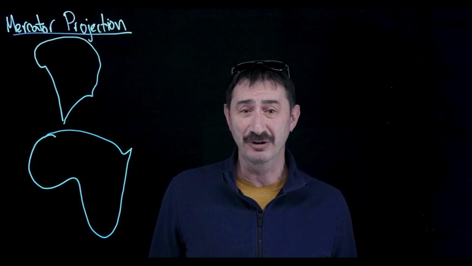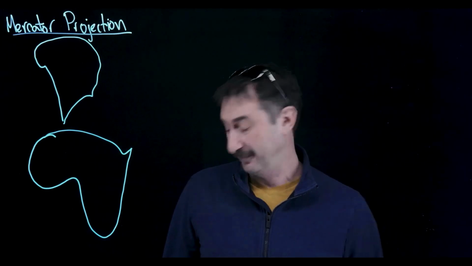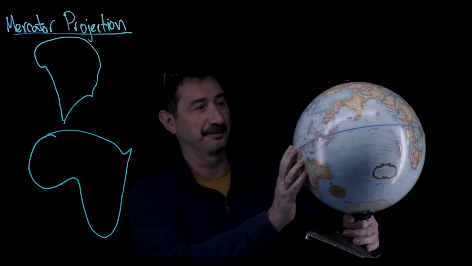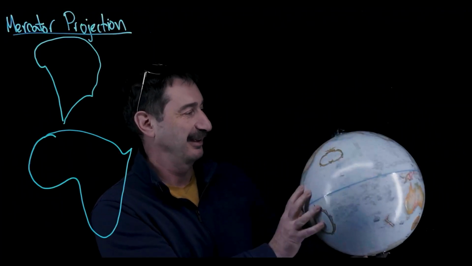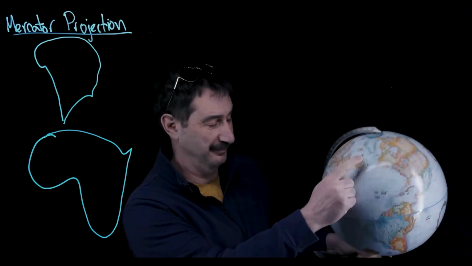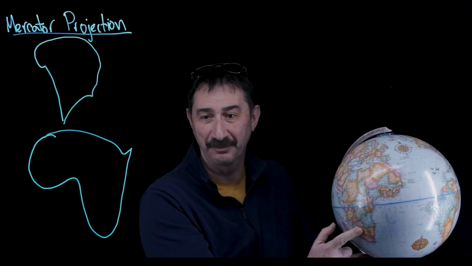The other way to model the Earth is to faithfully represent it as a sphere. This is the Earth. And here we have Greenland. And here we have Africa, much bigger.